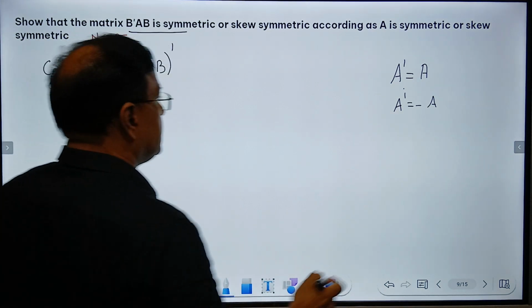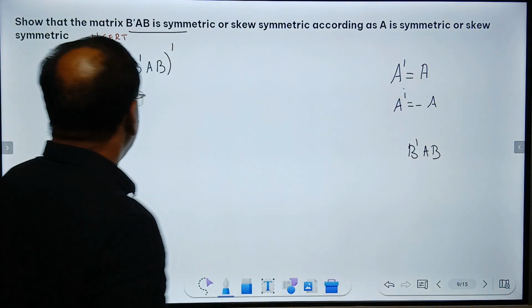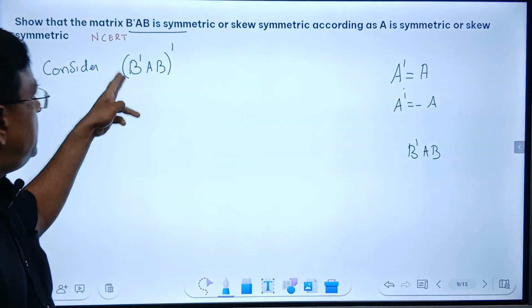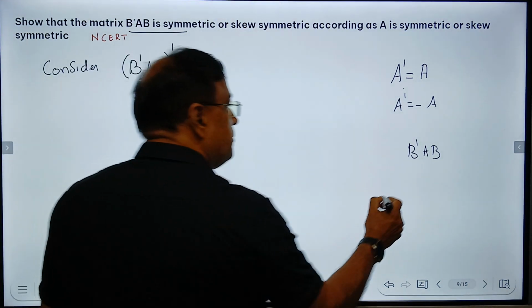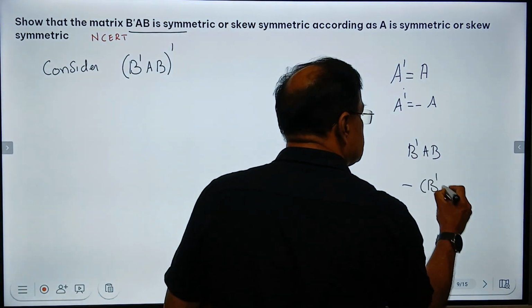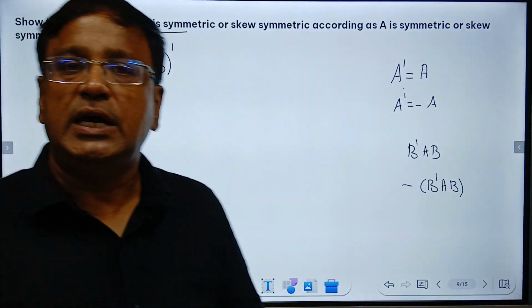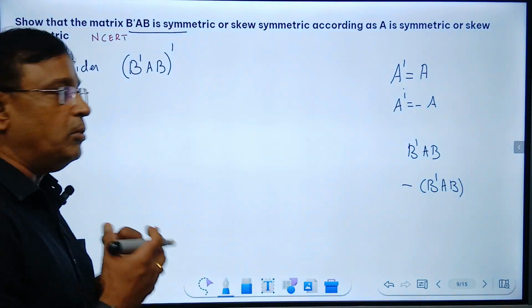And if I get again B transpose A B, that means B transpose A B is symmetric, correct? And if you get minus of B transpose A B, what does it mean? That B transpose A B is skew symmetric. Okay, let us see how to go about it.